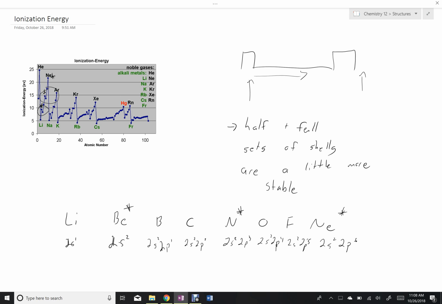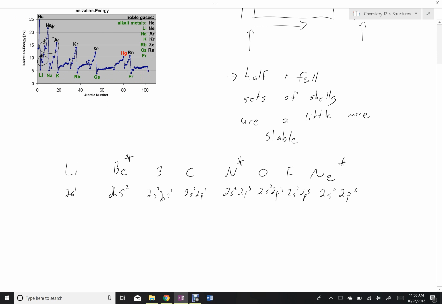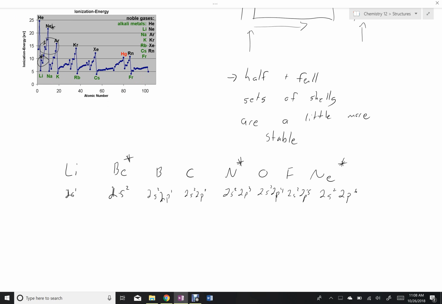And so what we can see is that these atoms correspond to when the subshells are either full or half. So for example, beryllium has a slightly higher ionization energy than we would have expected because that 2s2 shell is full, and we actually get a lower ionization energy, so this one is lower, when we have to start our new shell.